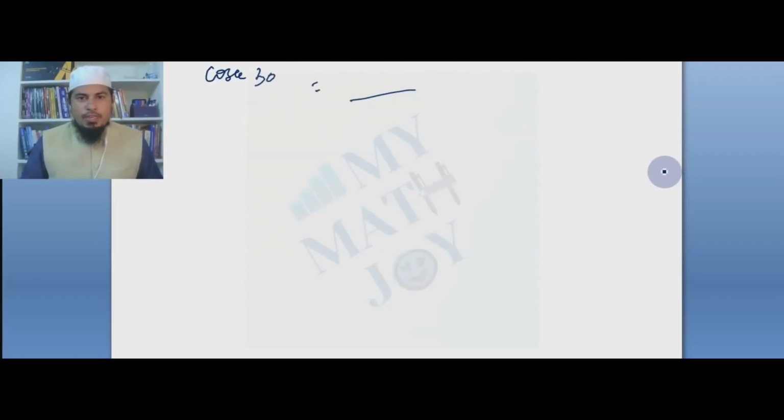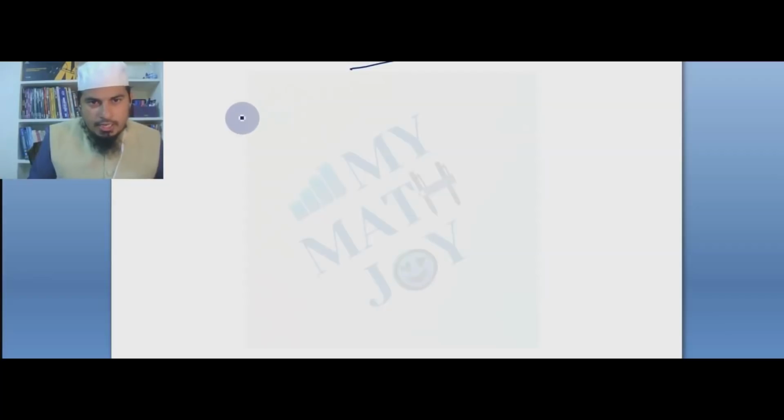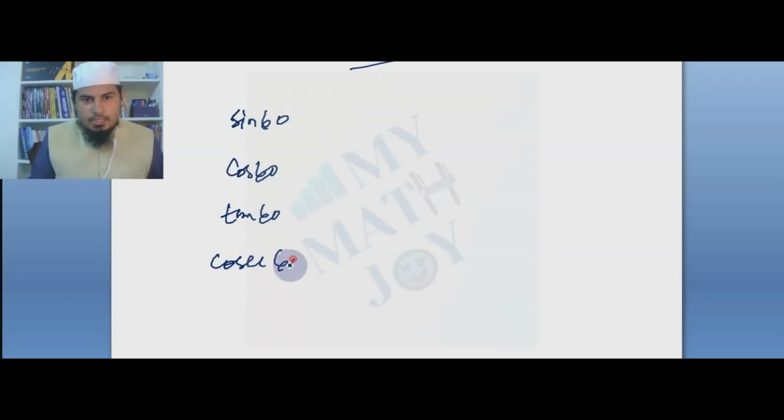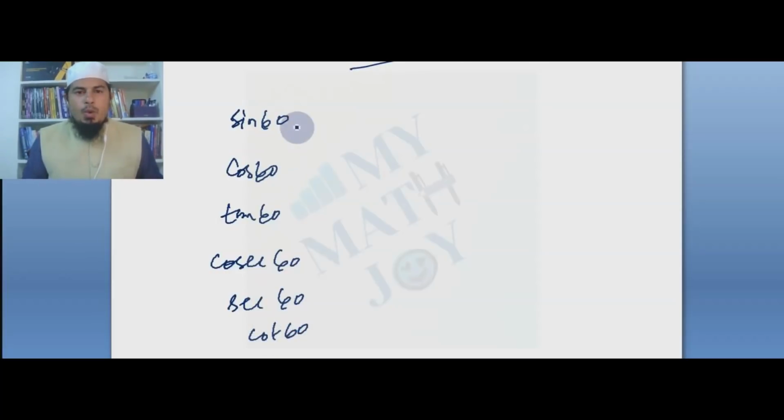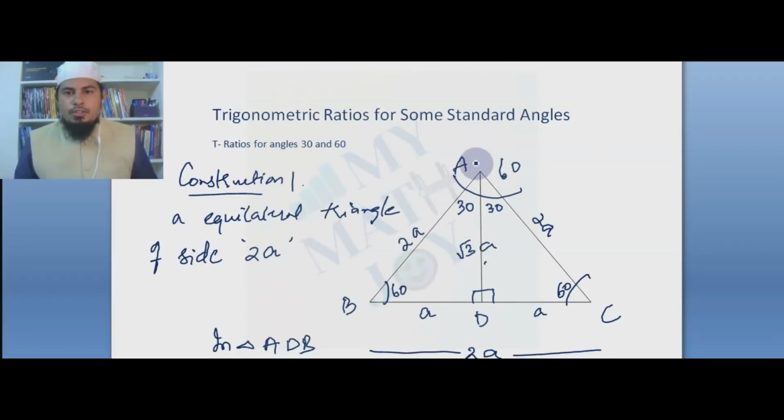Can you now find sine 60 degree, cos 60 degree, tan 60 degree, cosecant 60 degree, secant 60 degree, and cot 60 degree? Yes, one, sine 60, I'll do for your sake. Let us go to triangle ADB. 60 is here. Sine is a ratio which is opposite by hypotenuse. So sine 60 should be the opposite side of 60 degree by hypotenuse.